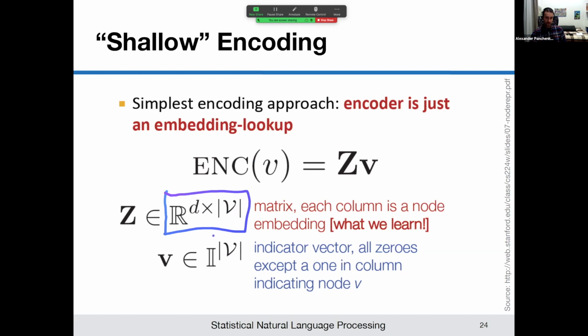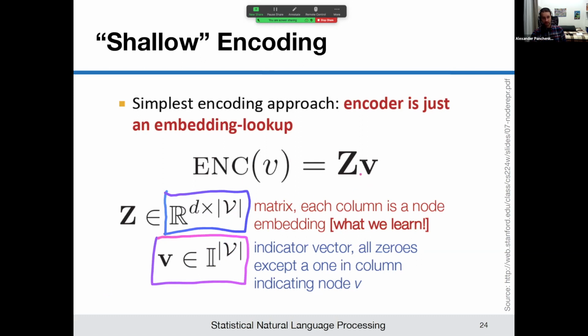And then you can have an indicator vector, which is non-zero at just one position and has dimensionality equal to the size of the vocabulary.